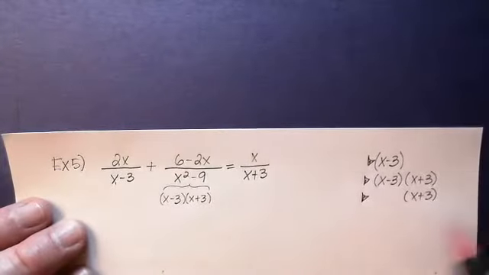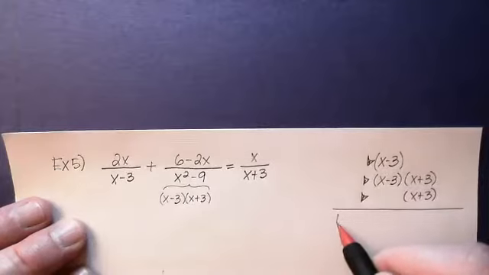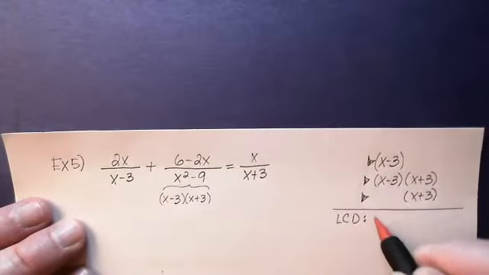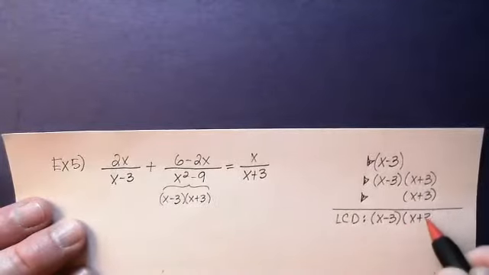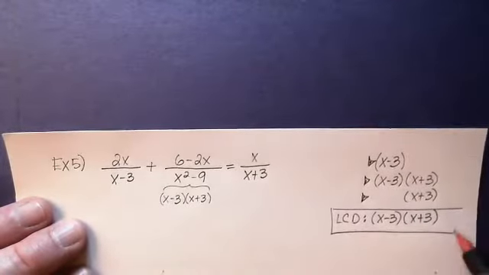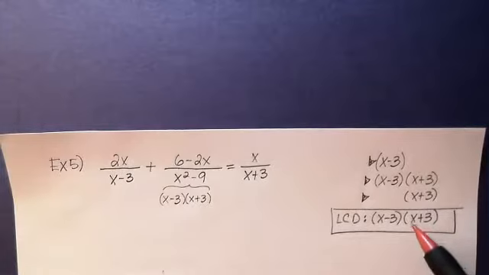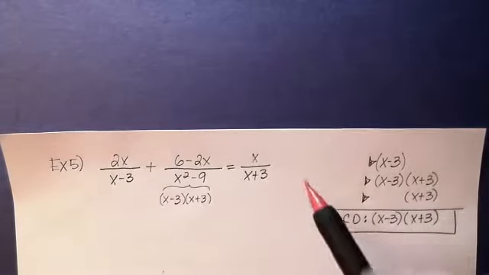So when I look at all three denominators, I determine that my LCD is going to be x minus 3, x plus 3. Basically, this is what I'm going to multiply each one of these terms by.